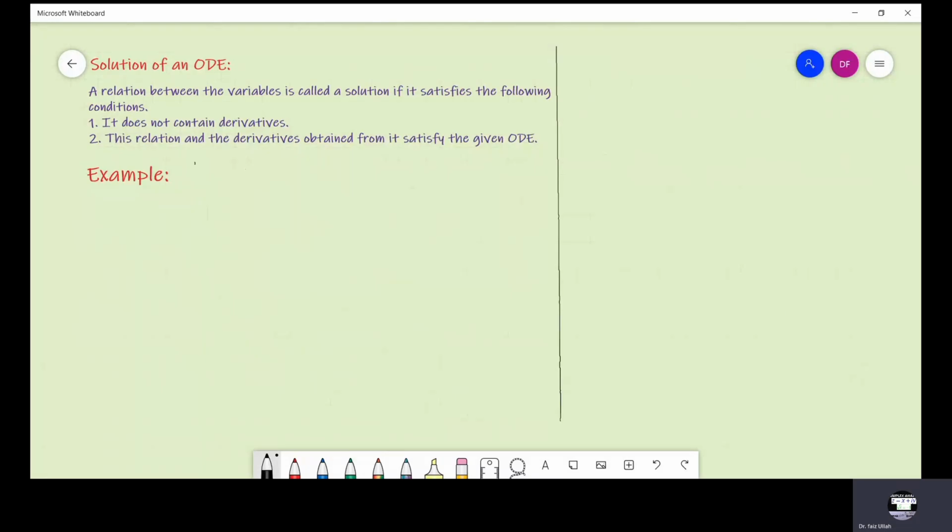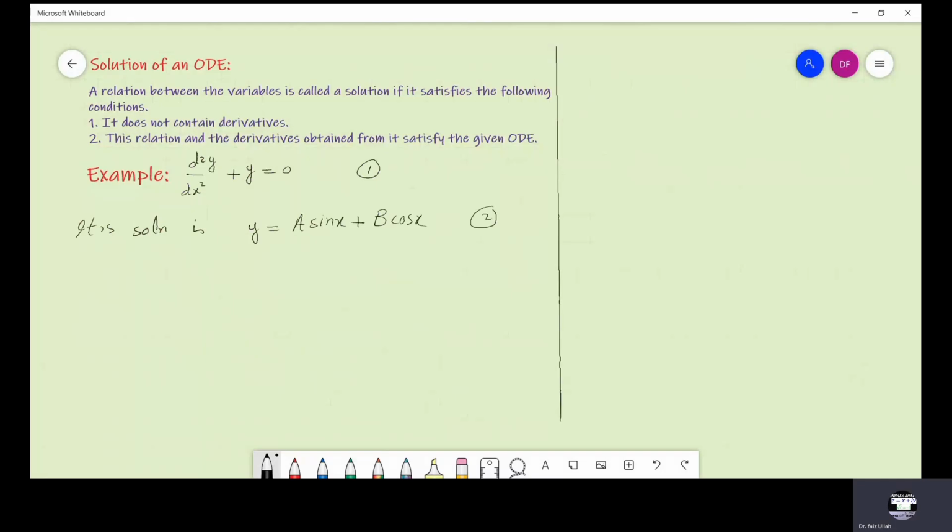In this example, we have an ordinary differential equation d square y over dx square plus y is equal to 0. Its solution is y is equal to a sine x plus b cos x.